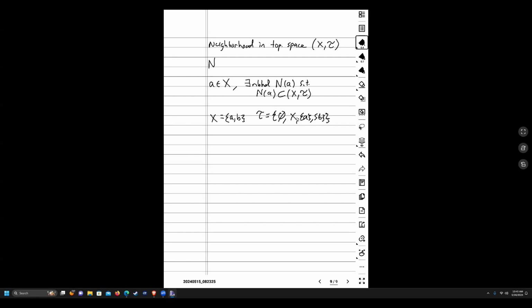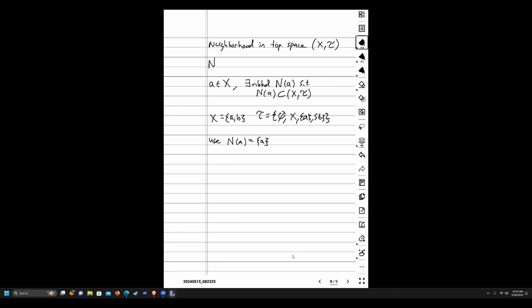I just need to find some set about A that's contained in the topology. Well, I can use my neighborhood to just be the singleton set {A} itself.